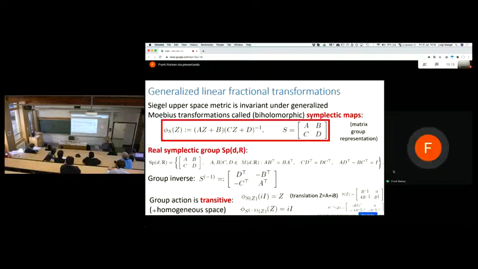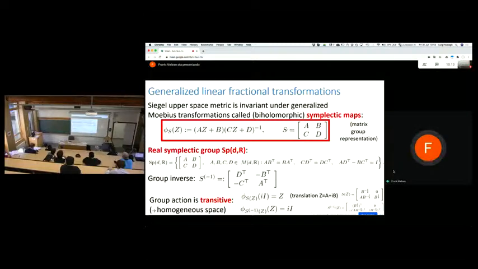Okay, so now we are going to make some connection with studying the isometry, and for doing so, we generalize what is called the linear fractional transformation for the Poincaré upper plane. So we consider symplectic maps here, which are generalized Möbius transformations.